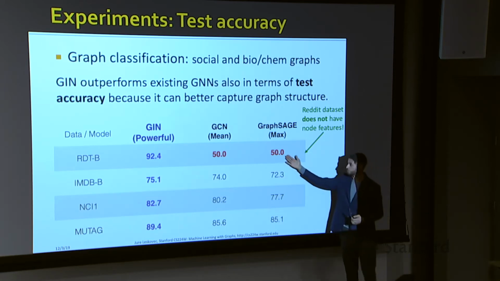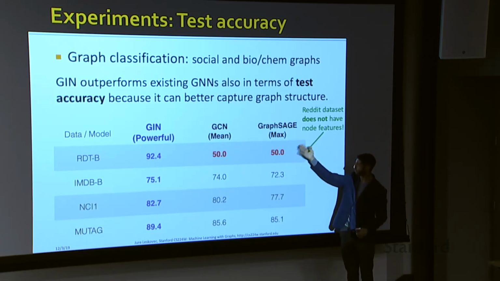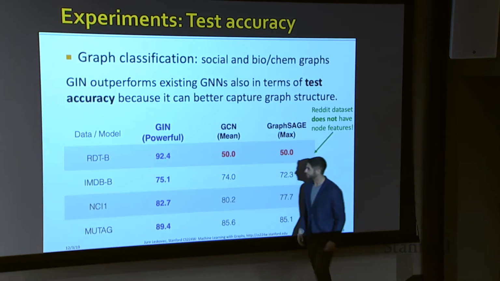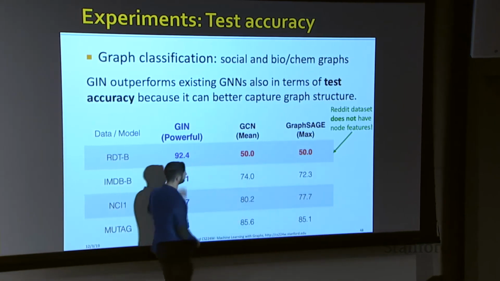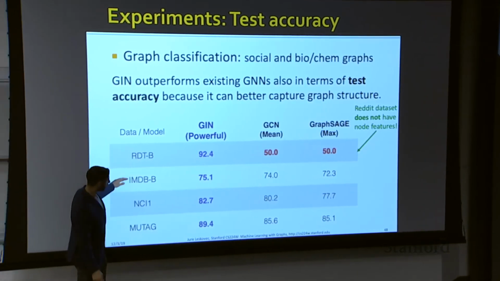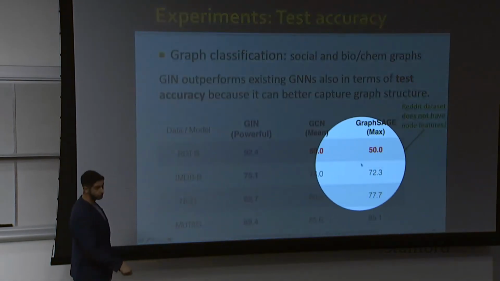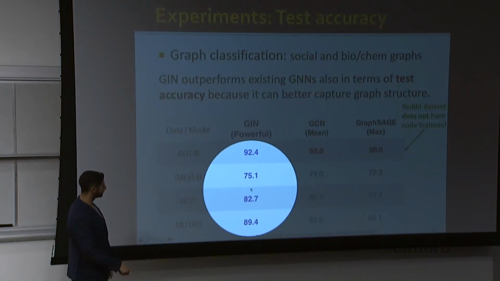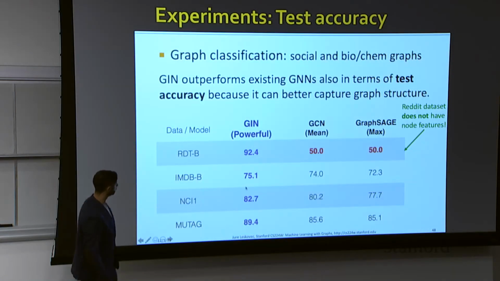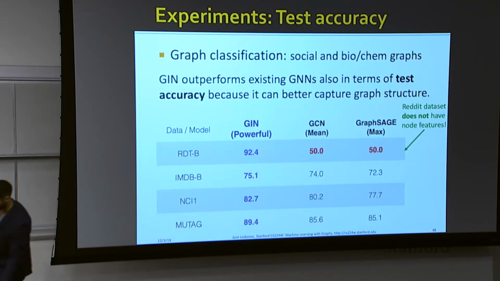Therefore, there is no way for a GNN, for a GCN, or for GraphSage to understand if these graphs are different or not, all right? And instead, in this case, GIN shines with more than 90% accuracy. And it also performs better, even on datasets that do have features on the nodes, it still does relatively better on those tasks as well, okay?